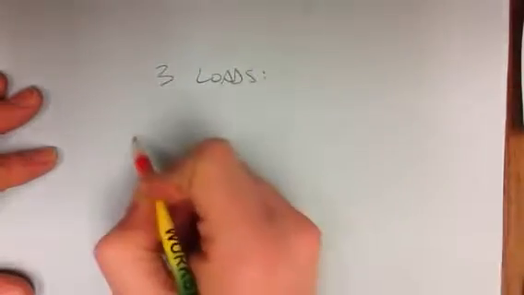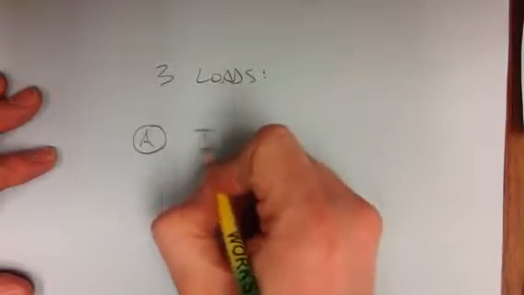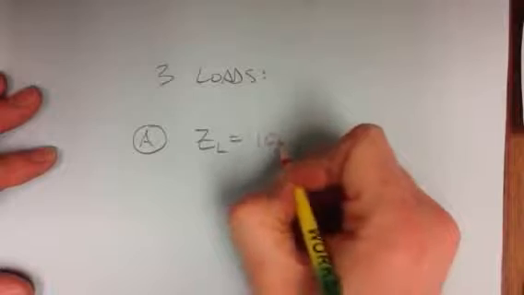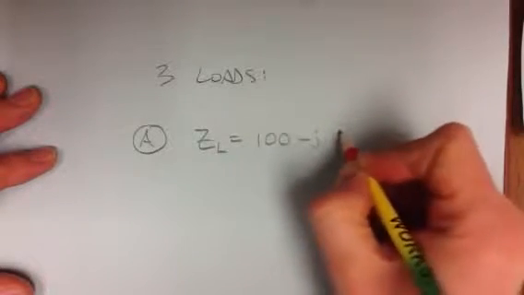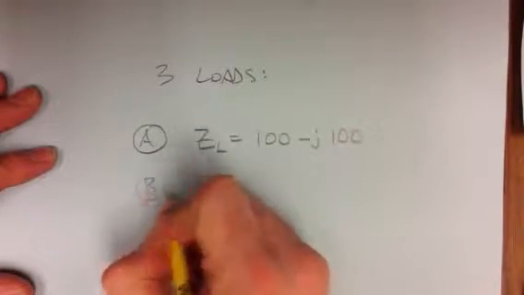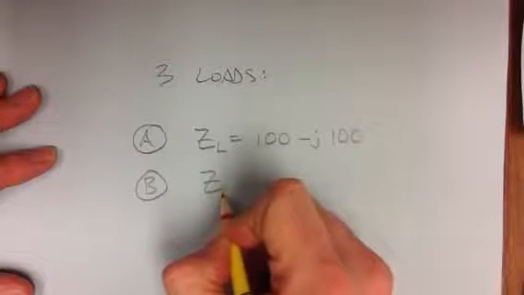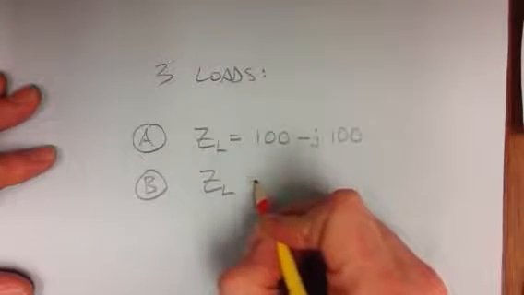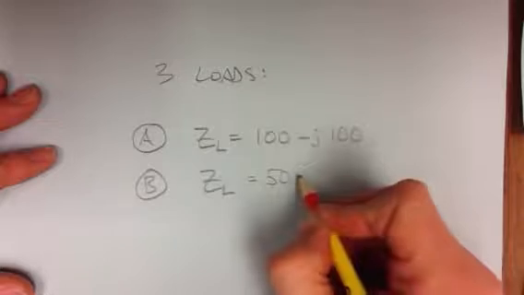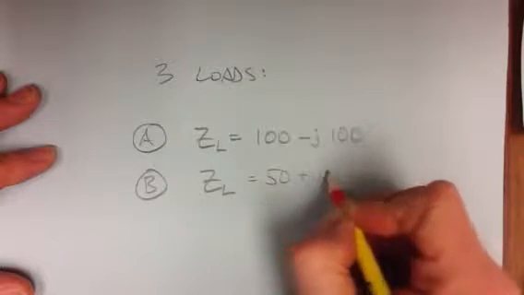3 loads. Load A, impedance is 100 minus J100. Load B equals, let's say, 50 plus J100.